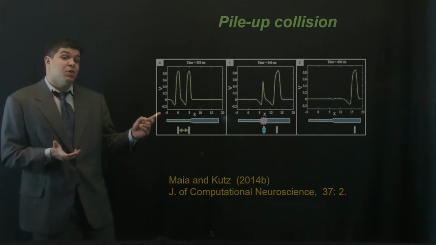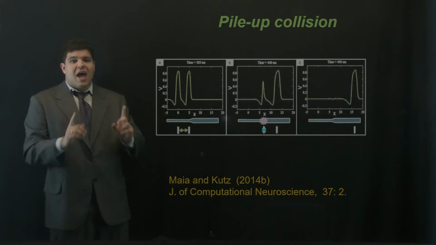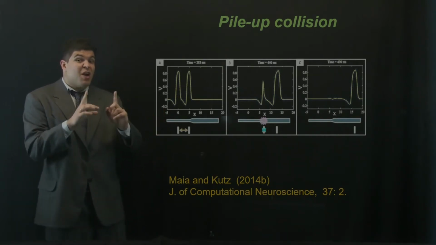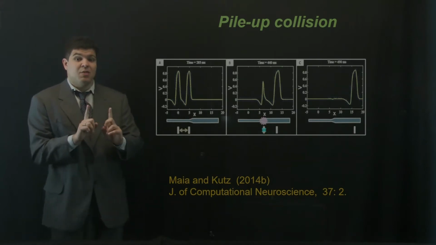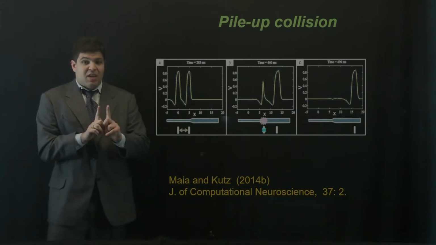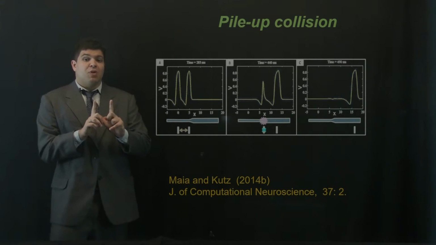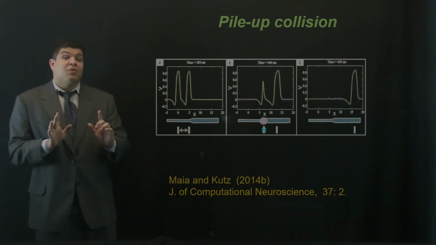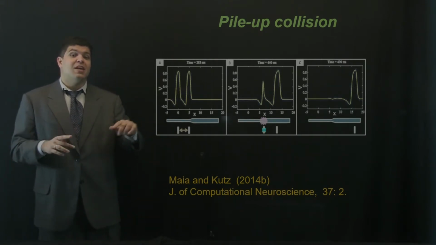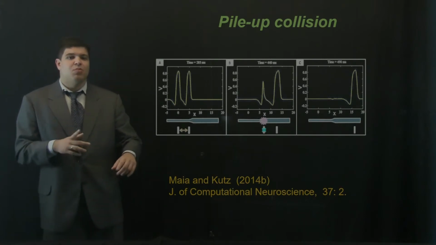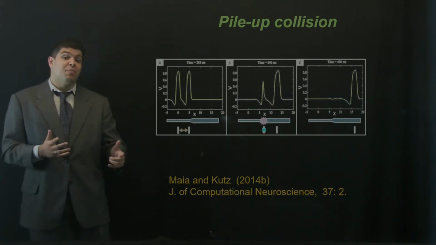This is an example of one of them. So here we have two pulses that are very close together. I place them almost as close as they can be, constrained only by the refractory period of the system. That is the time that the membrane needs to generate a second spike, okay?